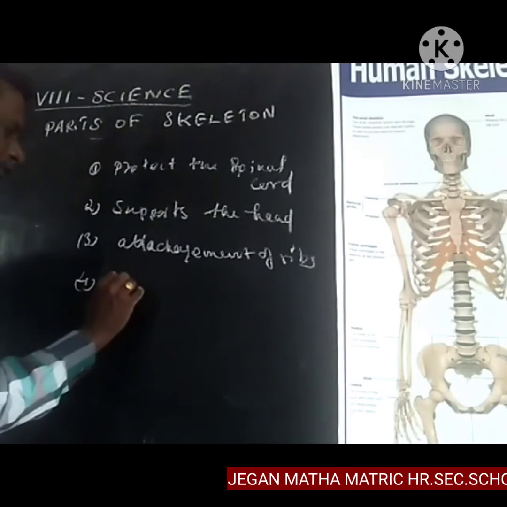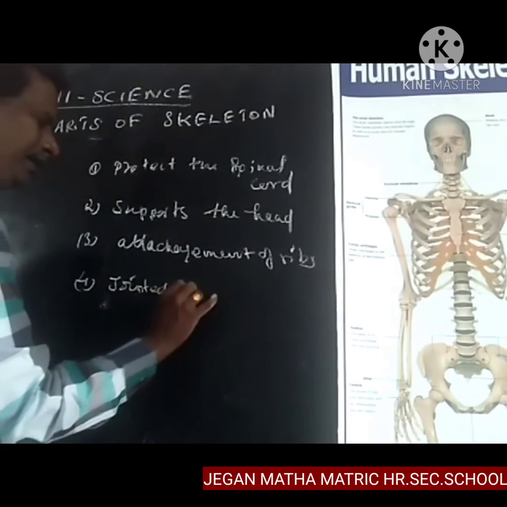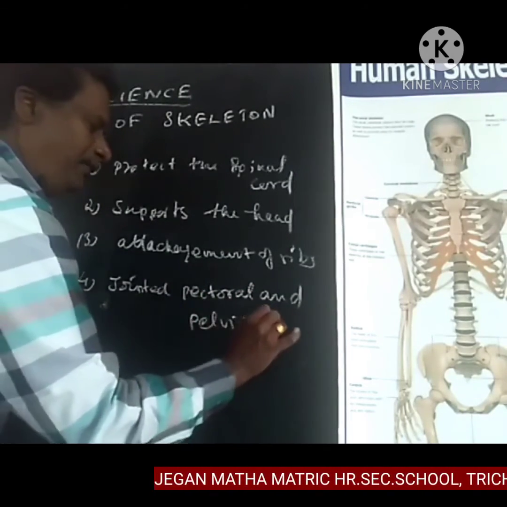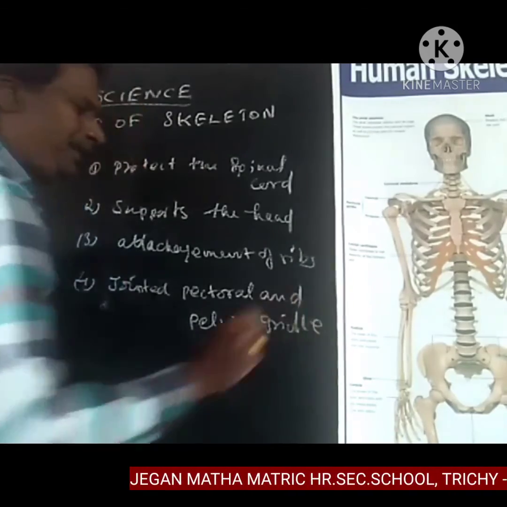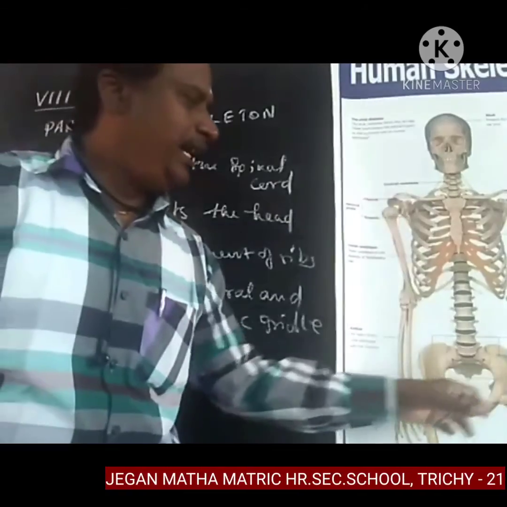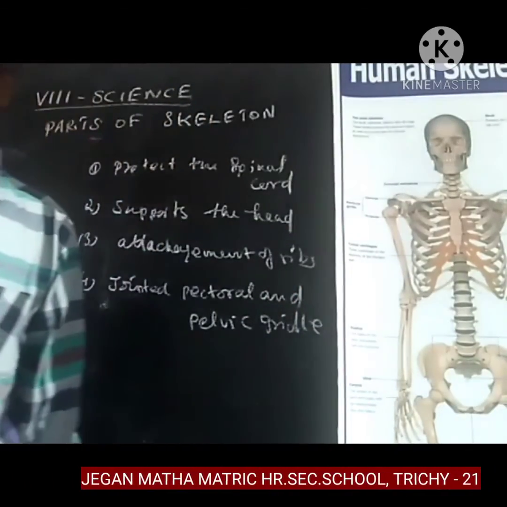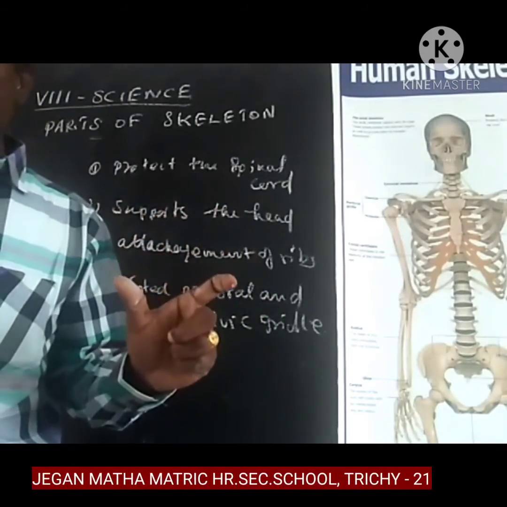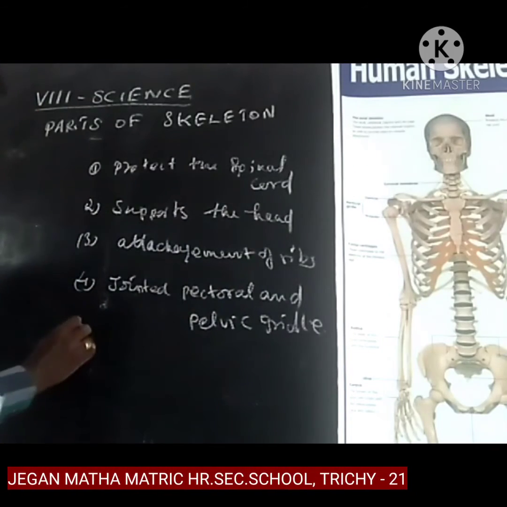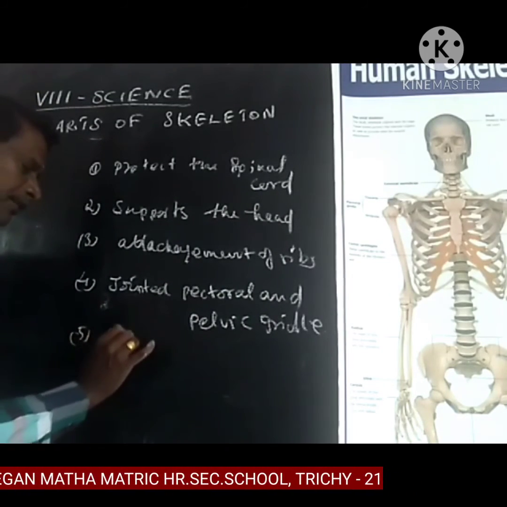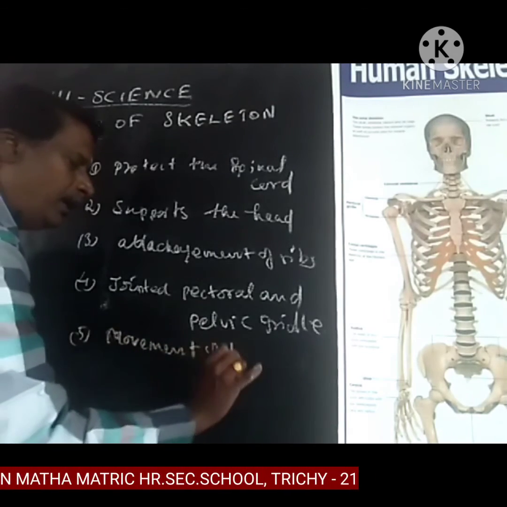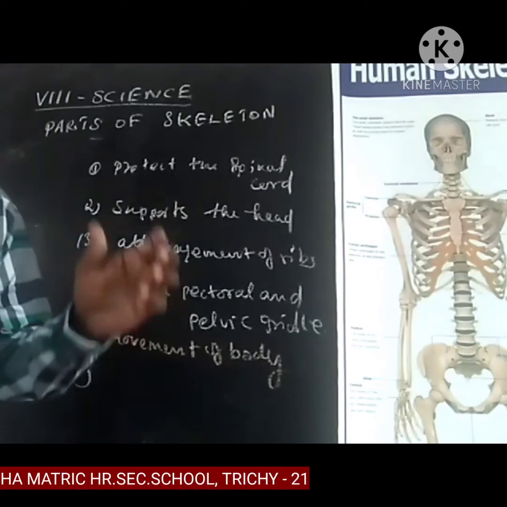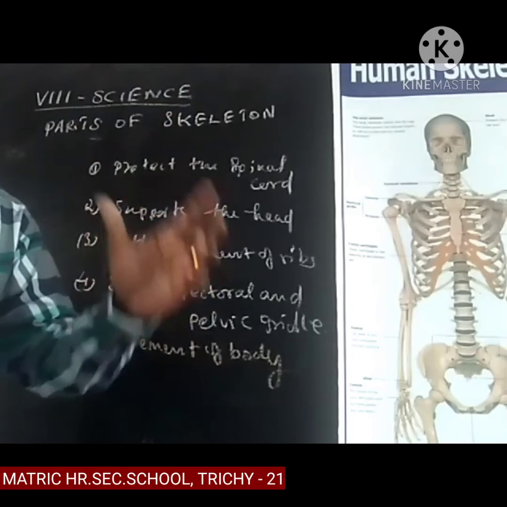Fourth, it joins the pectoral and pelvic girdles: the shoulder bones and hip bones are joined to the vertebral column. Fifth, it provides movement of the body. Sixth, it helps in walking and standing erect in the correct position.